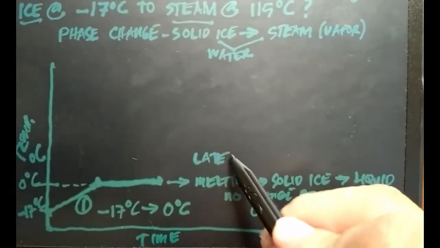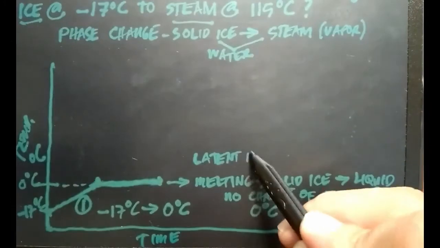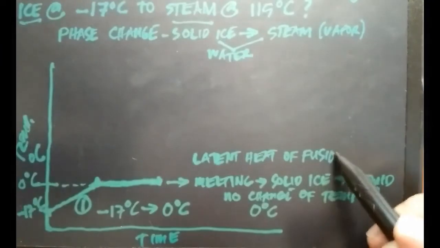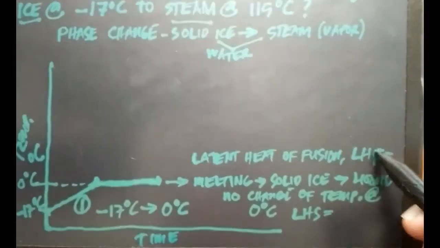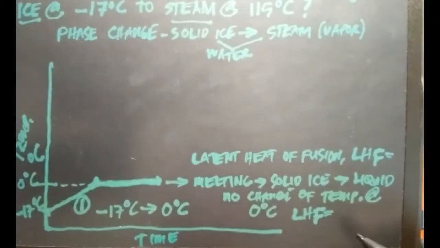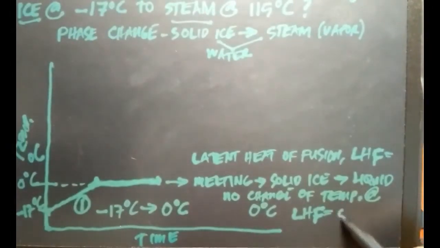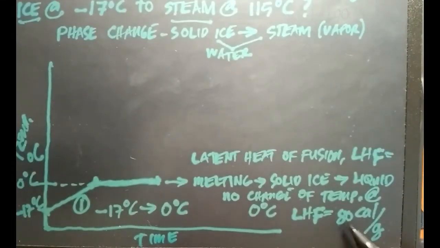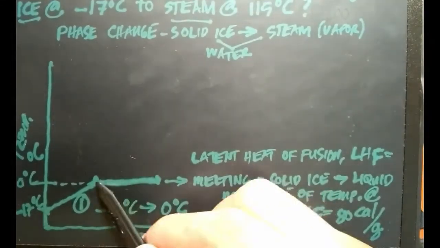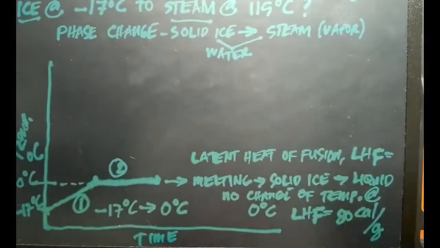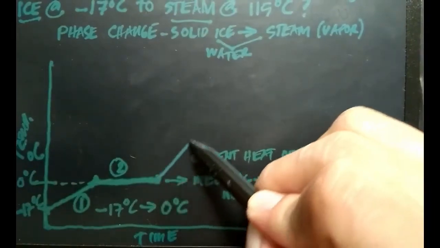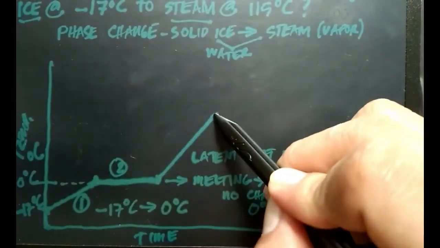We will use it in our formula Q, the energy, equals mass times the latent heat of fusion. The latent heat of fusion is equivalent to 80 calories per gram. This is the heat required during this process, and we're going to call this phase 2.